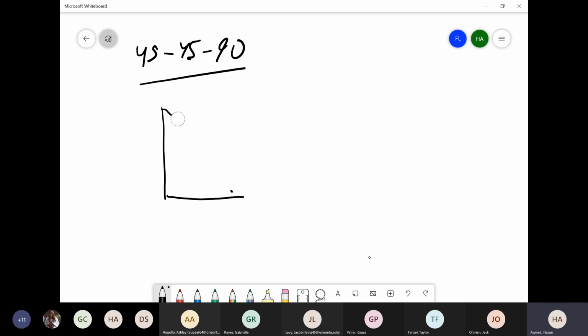With the idea here that, again, the two legs will be equal to each other, right? So I can draw little hash marks right here, and that is just a sign that they're equivalent. We obviously put the right angle opposite the hypotenuse. Okay, we're in business. So what are the proportional measurements for 45, 45, 90?